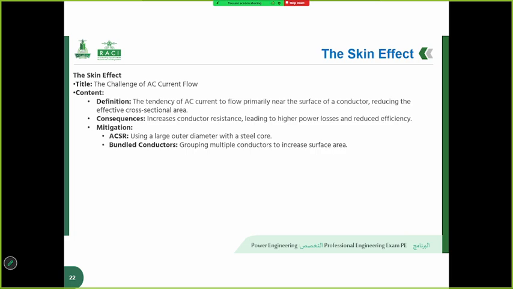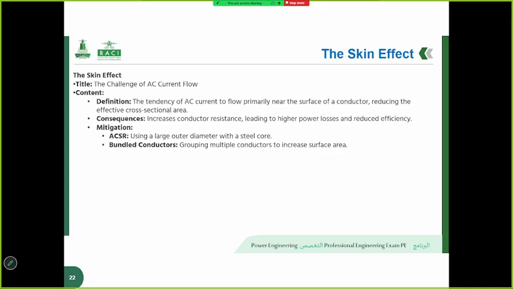And regarding the mitigation, to counteract the skin effect and improve efficiency, engineers employ several strategies in conductor design. First of all, aluminum conductor steel reinforced, which is a very common solution. It uses a strong steel core for mechanical support surrounded by a large volume of aluminum conductors.